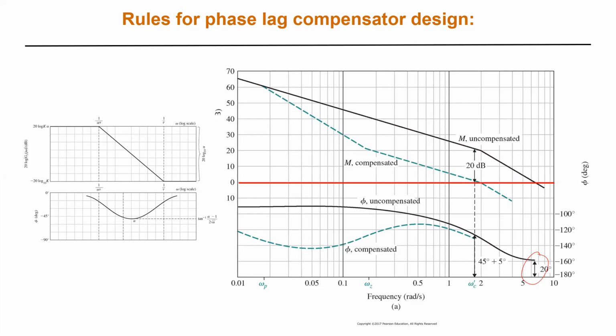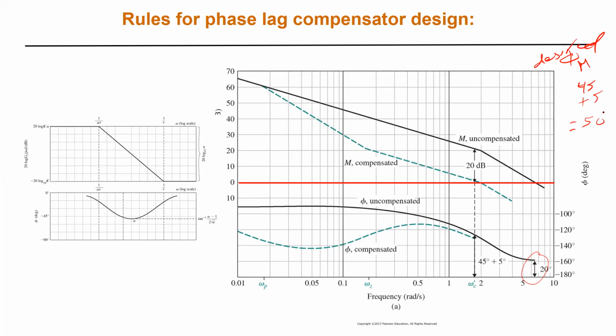If I want to use the phase lead, it will be a little bit difficult, so let's use the phase lag. Suppose I need a desired phase margin of 45, and let's put a safety factor of 5 with it. So I need 50 phase margin.